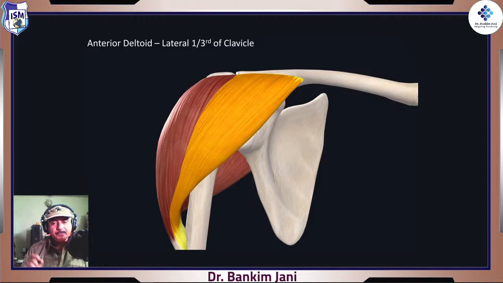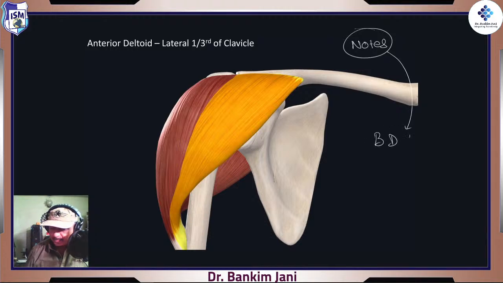Now see, as I was discussing, I'm discussing with so many students since 2 days, one common question is how to take the notes, how exactly to write. Now, in fact, notes are already with you. How come? For anatomy, BD Chaurasia is a very good book.